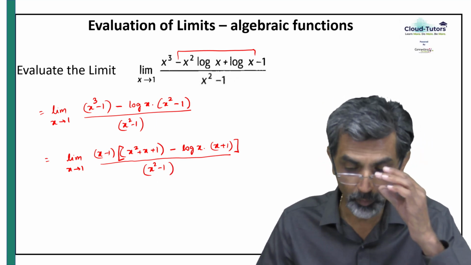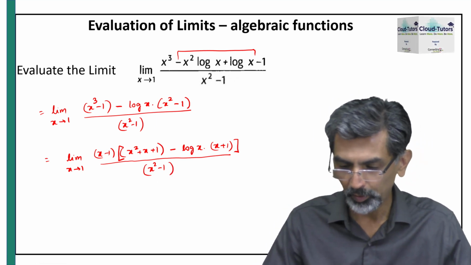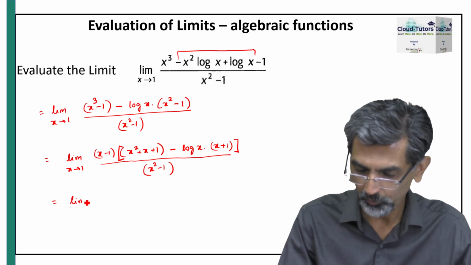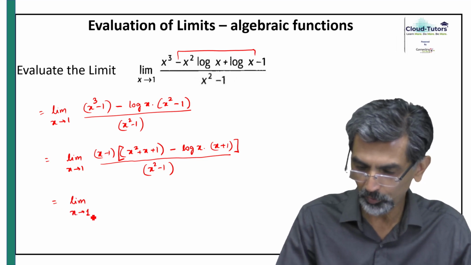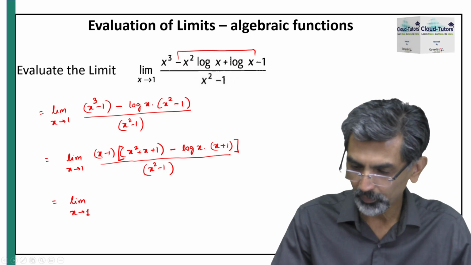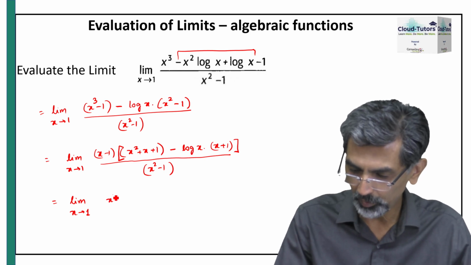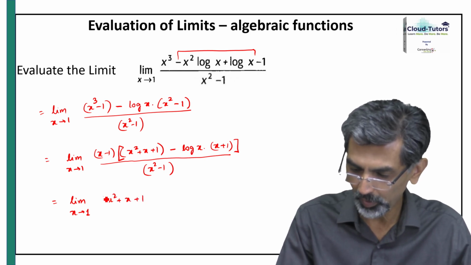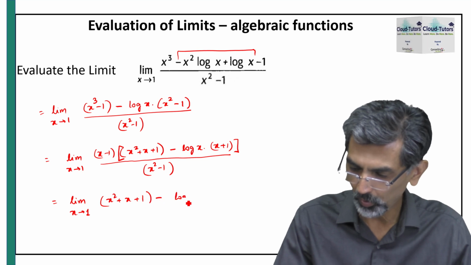X minus 1 is common to both the terms in the numerator, hence I could do this, and therefore it's the limit of, as x tends to 1, you can end up with x square plus x plus 1 minus log of x.